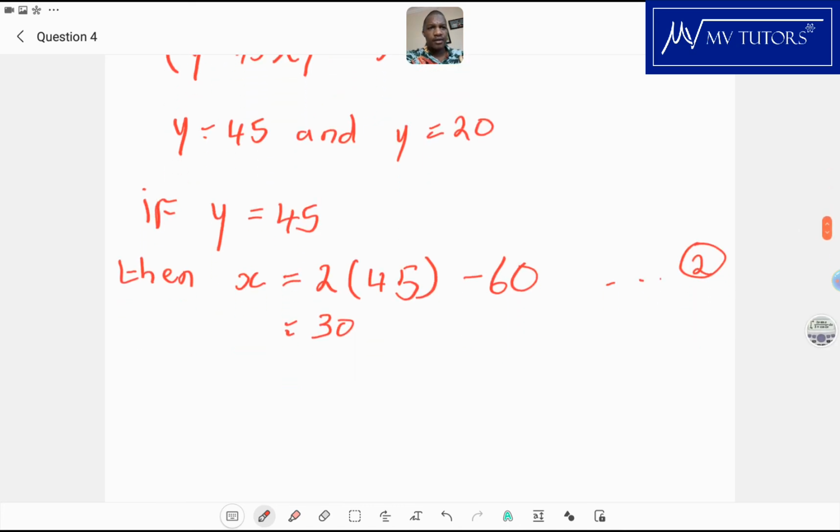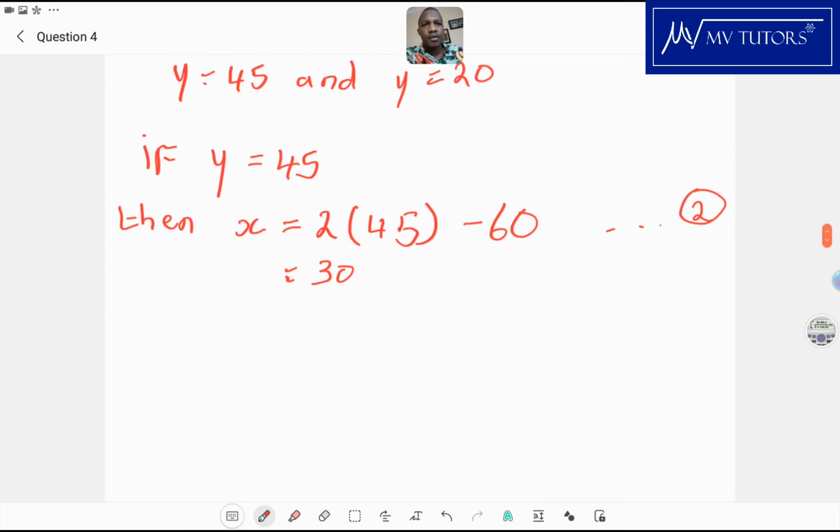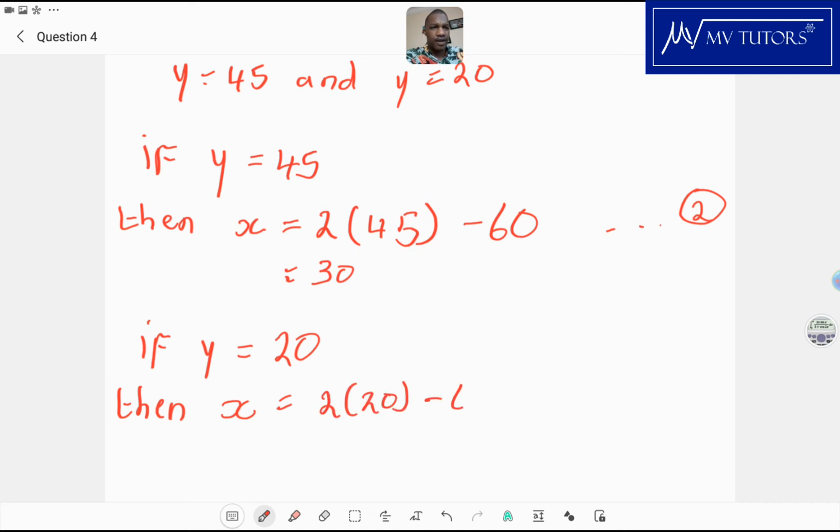Okay, so we're done. If y is equals to 45, then x is equals to 30. But also, if y is equals to 20, then x is equals to 2 times 20 minus 60.